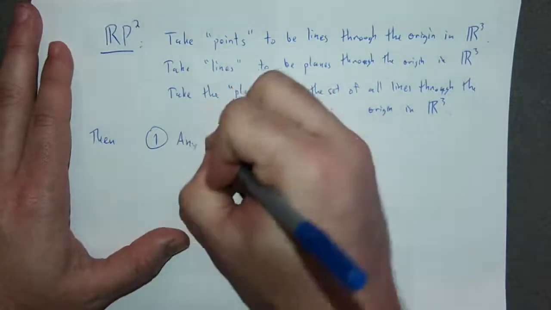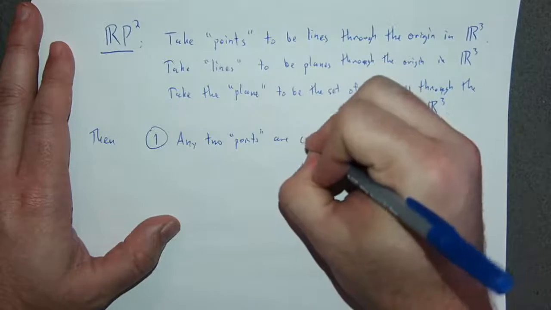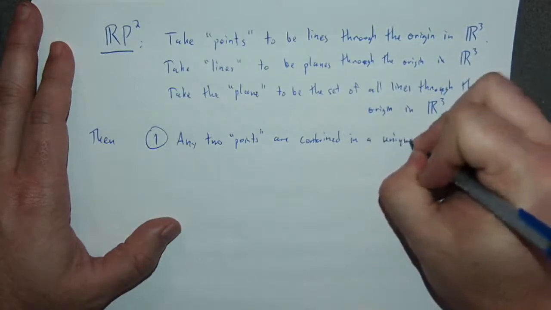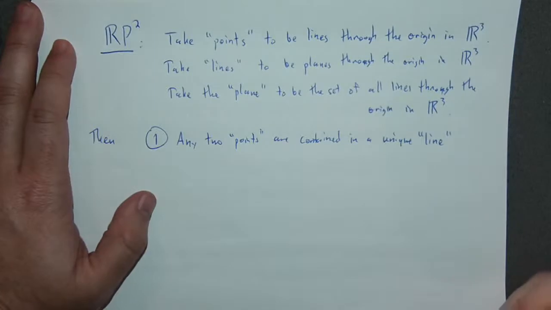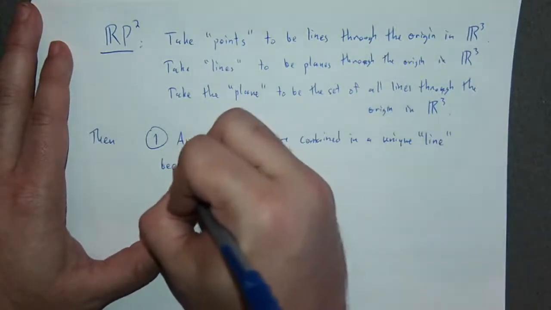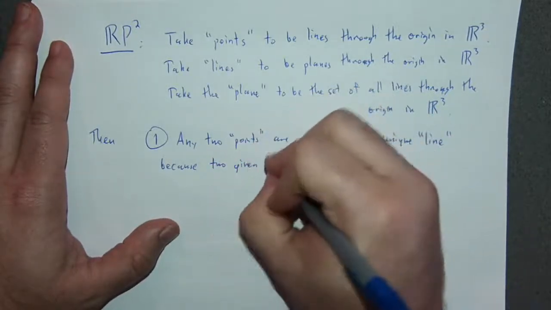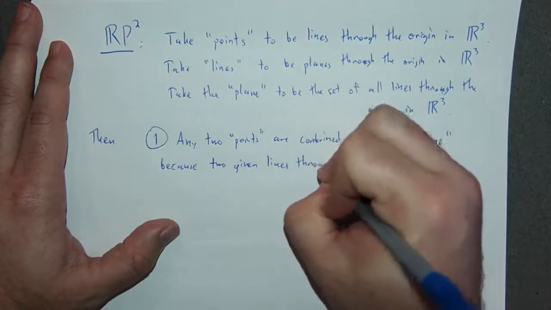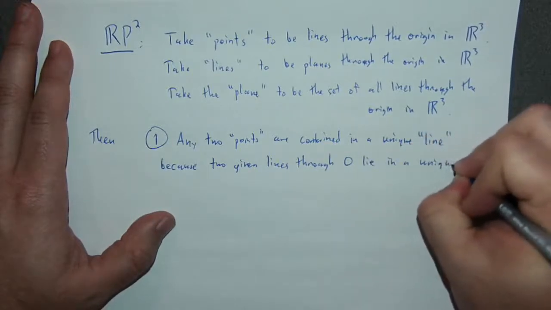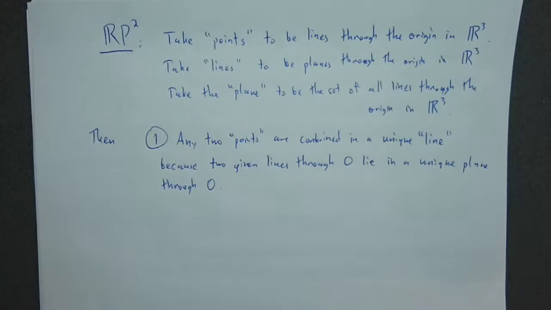Any two points are contained in a unique line, because two given lines through the origin lie in a unique plane through the origin, the plane determined by those lines.